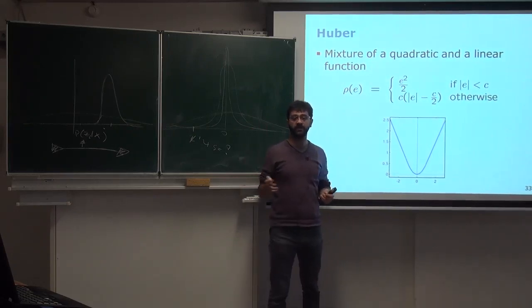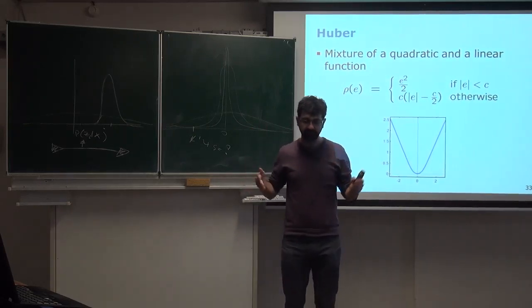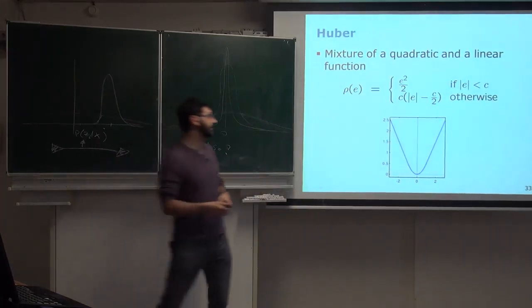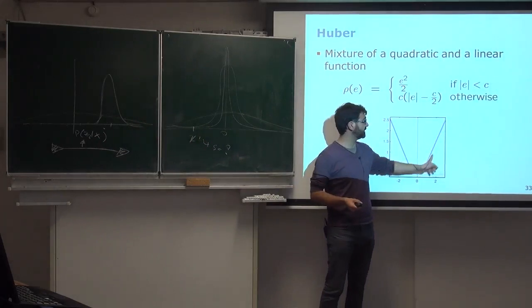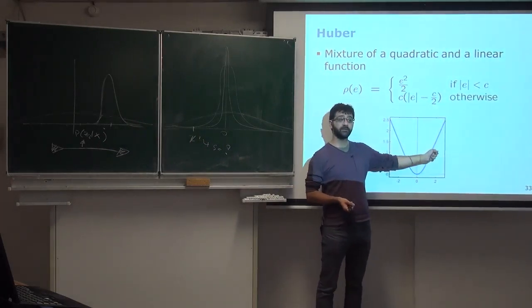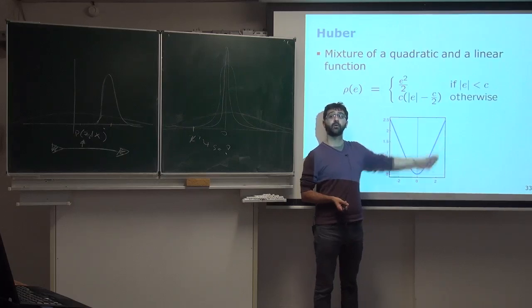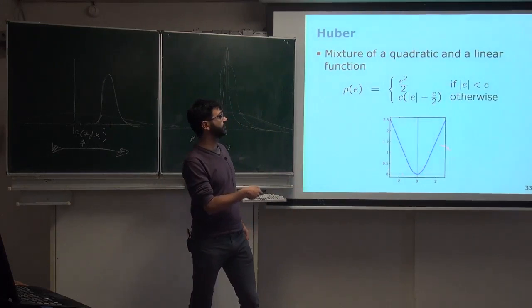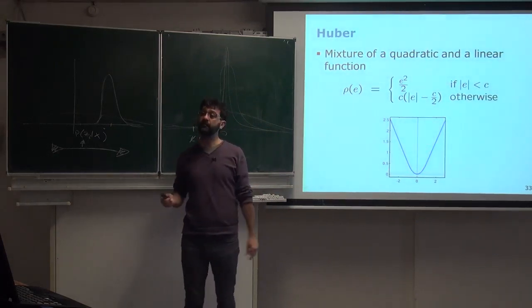Let's say I'm here, but instead of saying I'm here, it says I'm here. The effect of the outliers is still put into the minimization. There is still a gradient, but the gradient is way lower than the gradient that you would have if you considered a squared function.